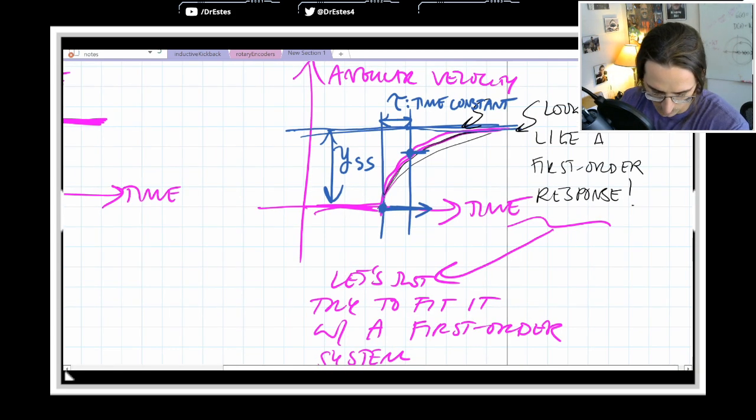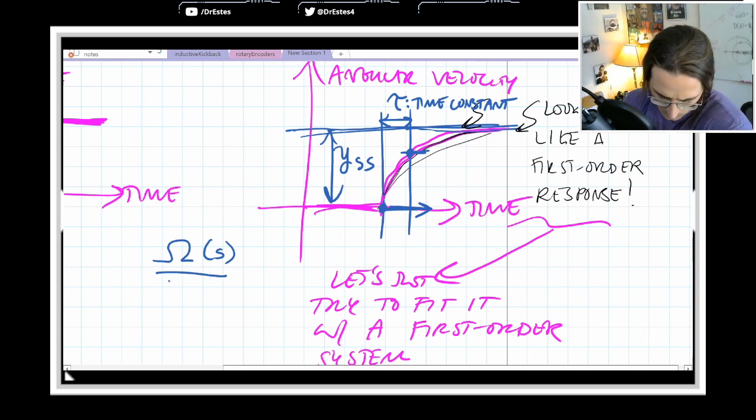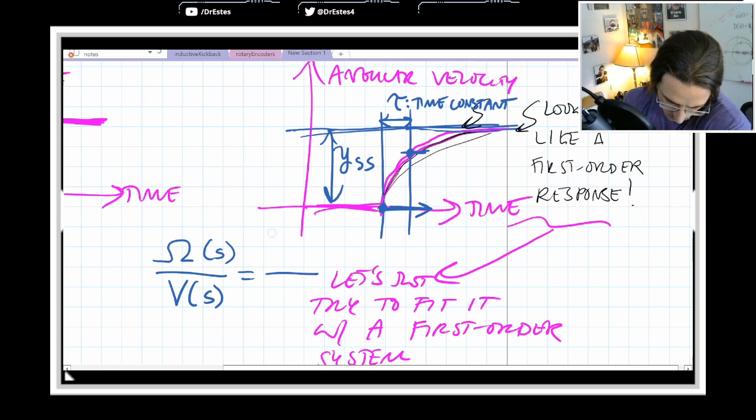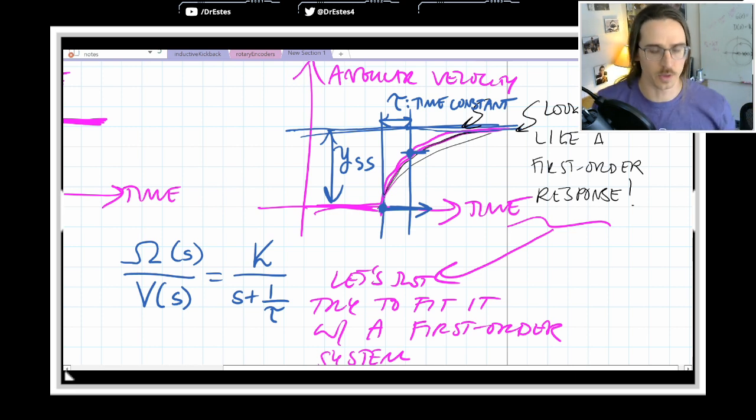So for a first order transfer function, let's say we have omega, the speed of the motor. I'm going to make a transfer function related to the incoming voltage. I'm just going to presuppose a first order relationship. It's equal to something over s plus 1 over the time constant, and then there'll have to be some gain in the numerator.